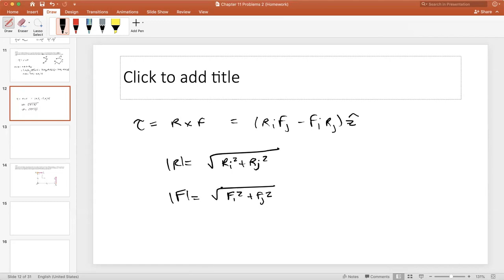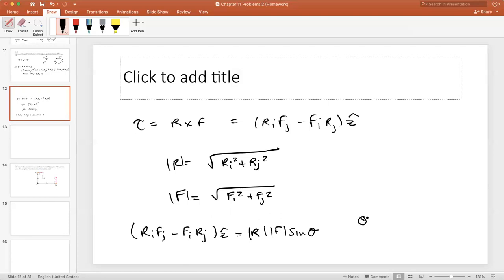For the second part of this, we need the angle. And so we note that RI FJ minus FI RJ in the z hat direction is equal to R magnitude, F magnitude, times sine of the angle between them.